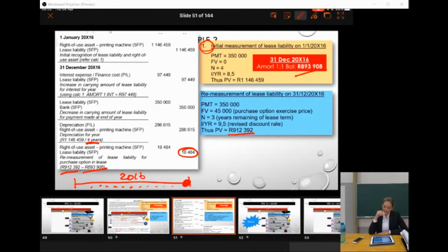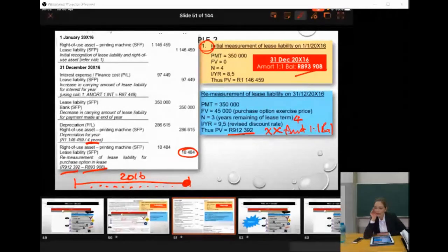Okay, so what you did is you entered an N of 4, calculated the present value, and then you said amort 1 balance. Am I right? Yes. Okay, that will obviously be the case that you get that answer.